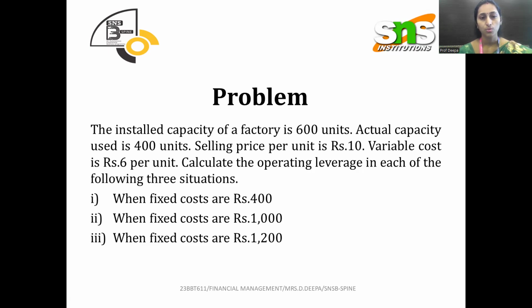Production-related details like capacity, selling price and variable cost are given. Meanwhile, there are three different situations for fixed cost: 400, 1000 and 1200. Our duty is to calculate operating leverage.